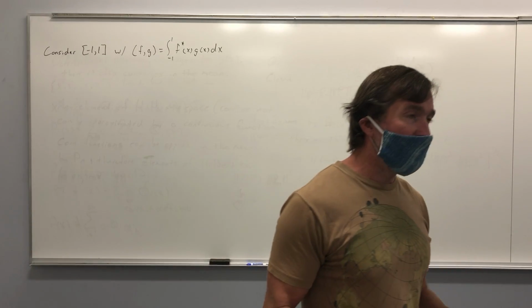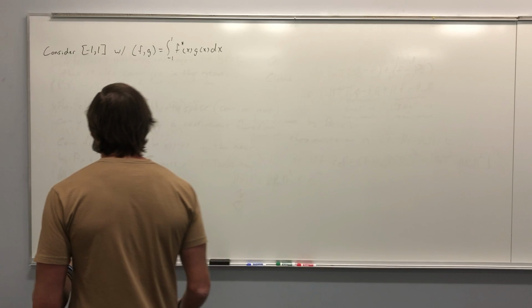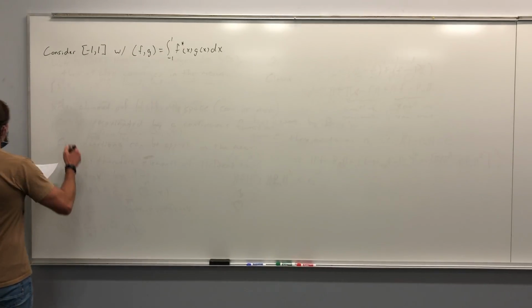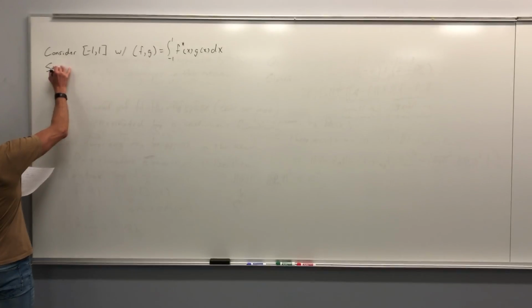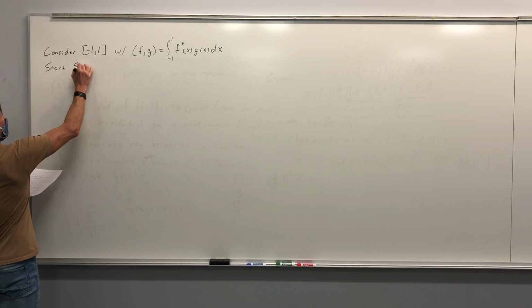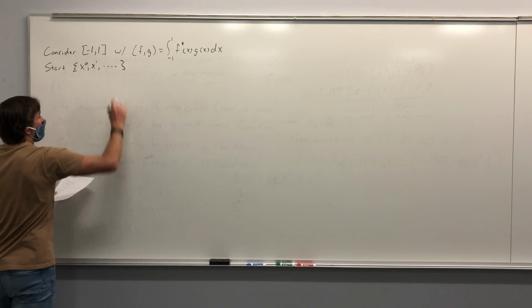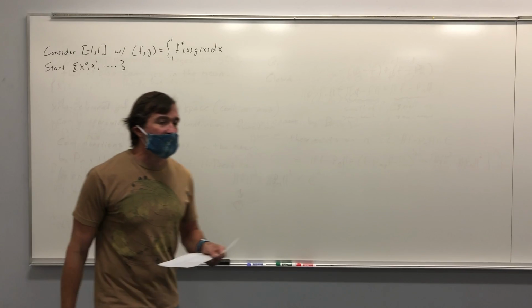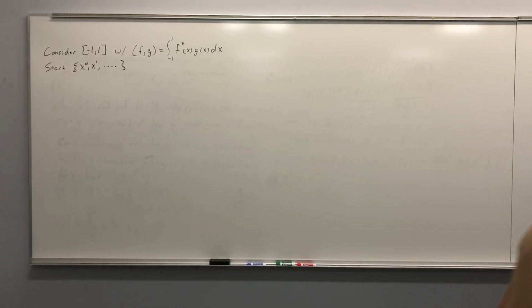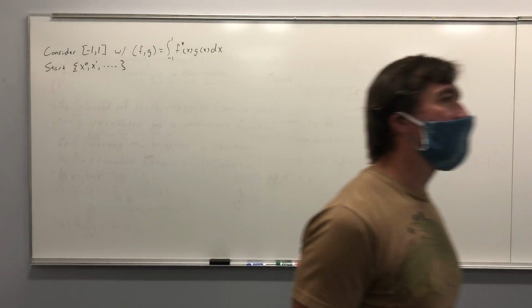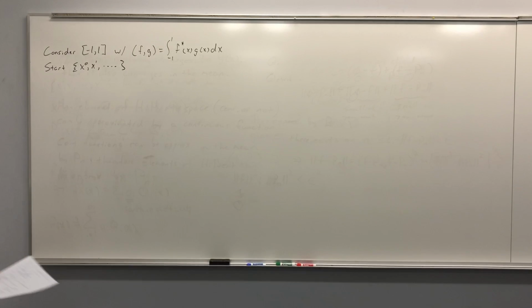What we'd like to do is find an orthonormal basis. Now we can start with, of course, the basis of polynomials, which is a basis, but it's not orthonormal. What we're going to do is apply Gram-Schmidt to this to get the orthonormal basis.